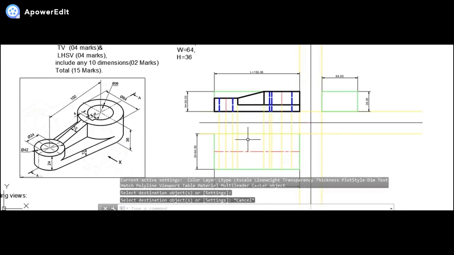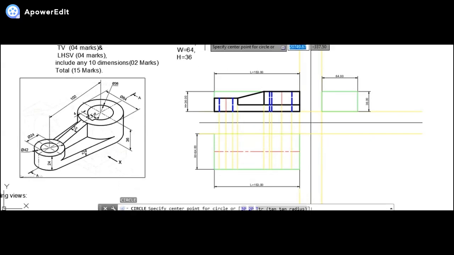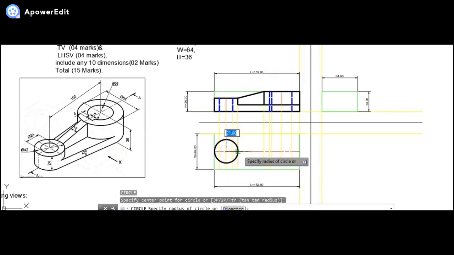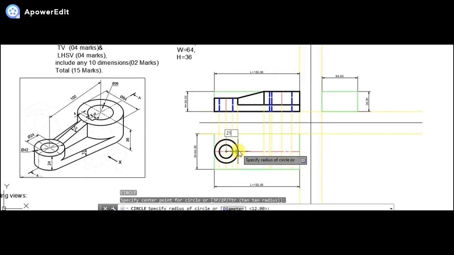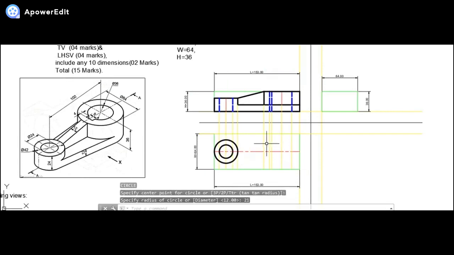Okay, so once we are done, now first let us draw the concentric circles one by one. So over here, the first circle that I can draw directly like this. It will be of radius 12 and the second one will be of radius 21. So we got these two concentric circles very easily and very beautifully.